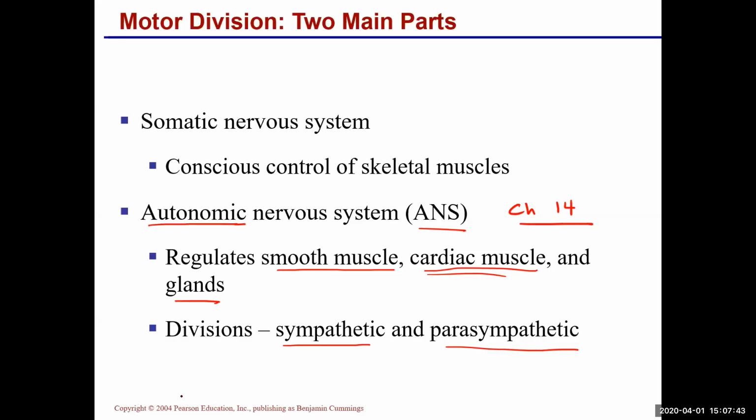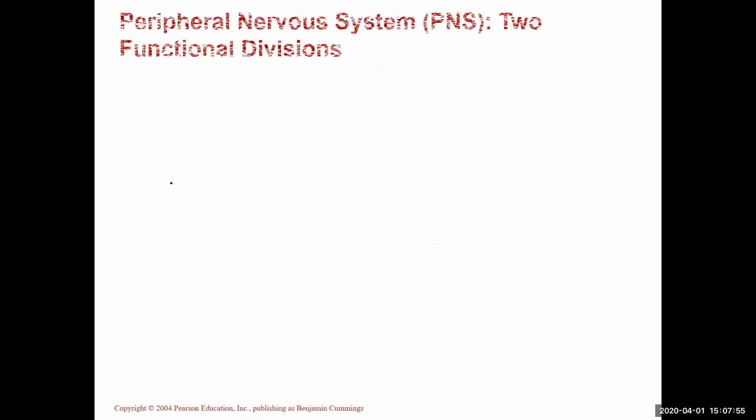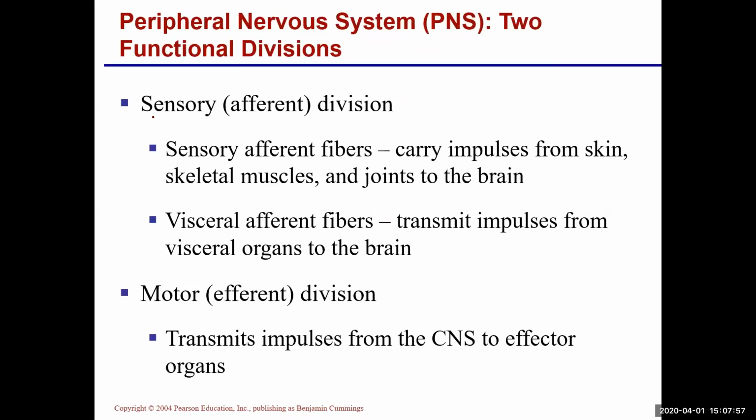All right, so just a quick note, going back to our earlier discussion about the peripheral nervous system and so on. We discussed the afferent division, or sensory division. These are sensory neurons. And then there is a motor or efferent division.